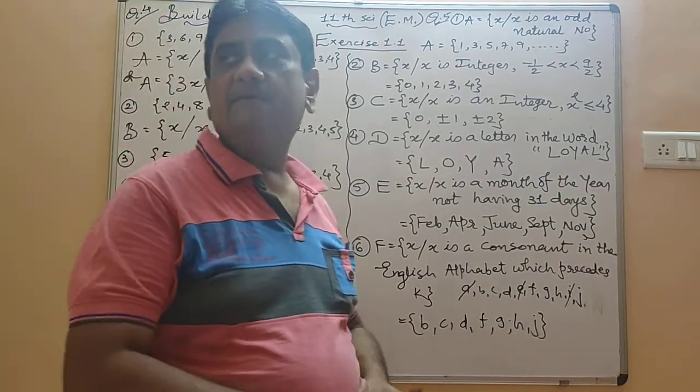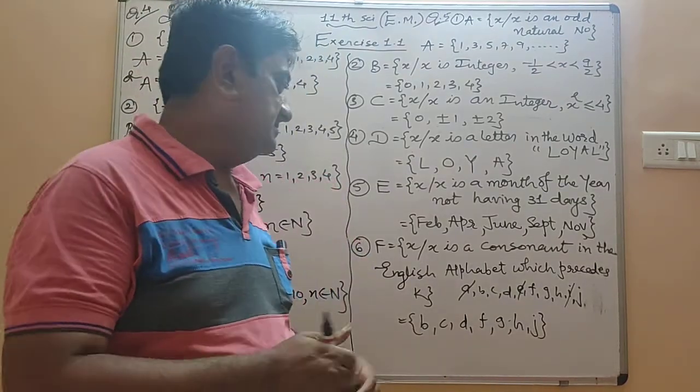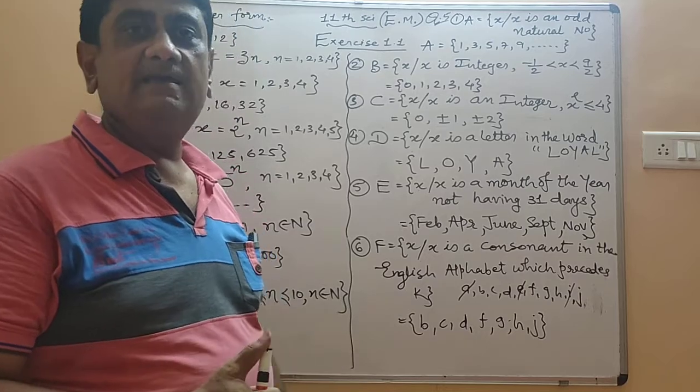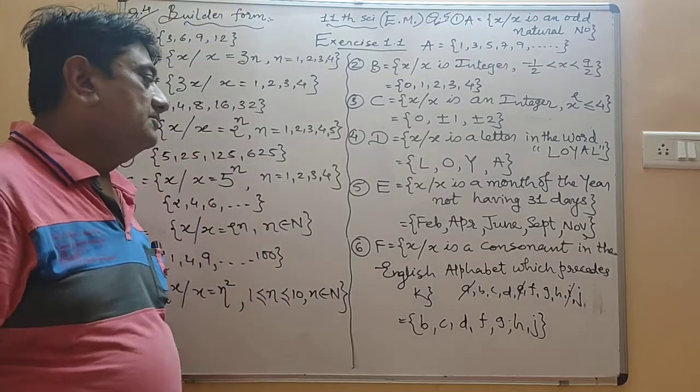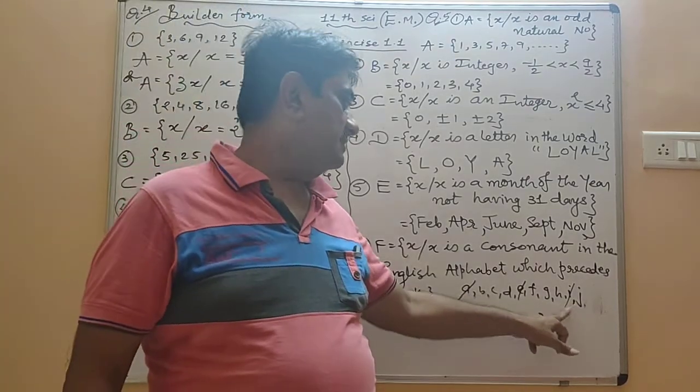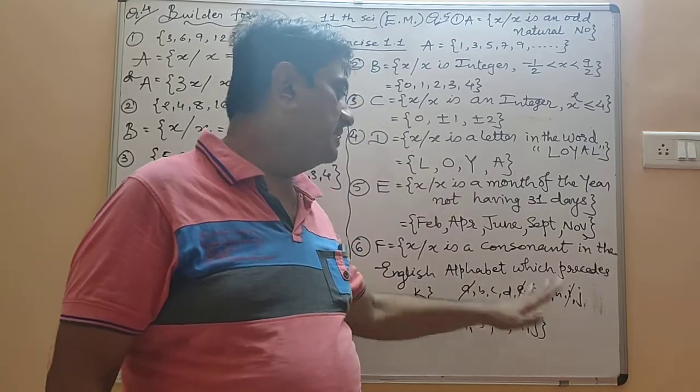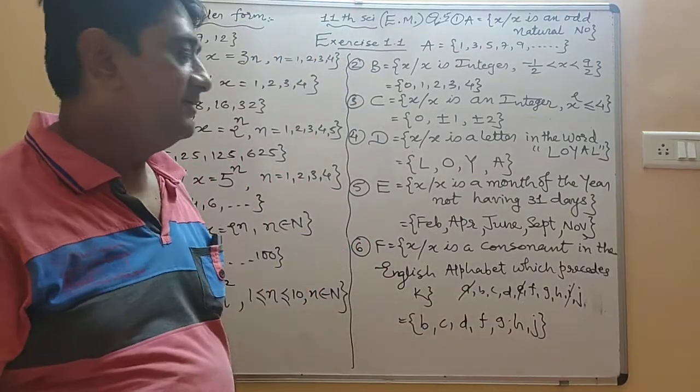In the English alphabet there are 5 vowels: A, E, I, O, U. So A, E, and I are covered in this list, and we remove those vowels.